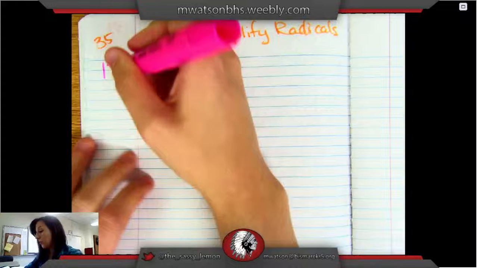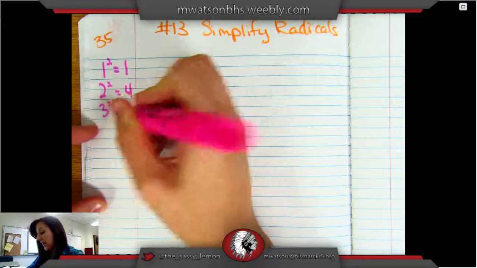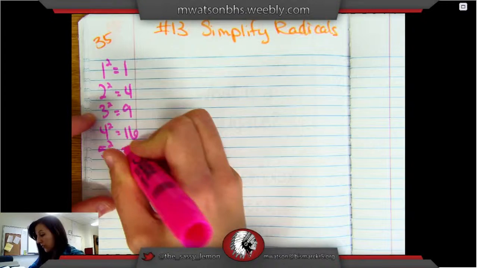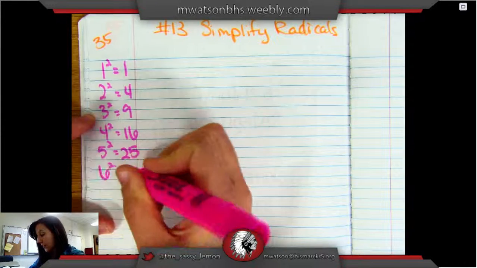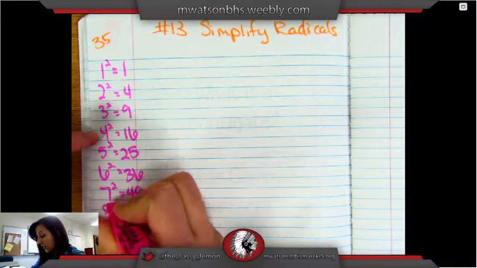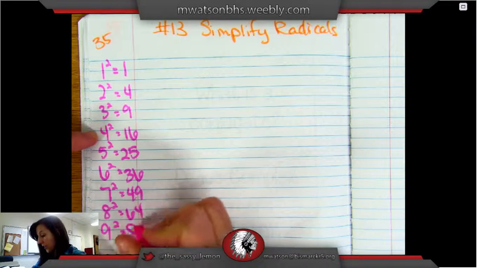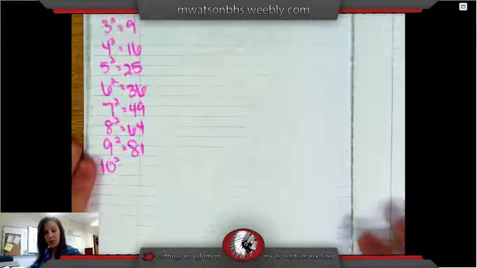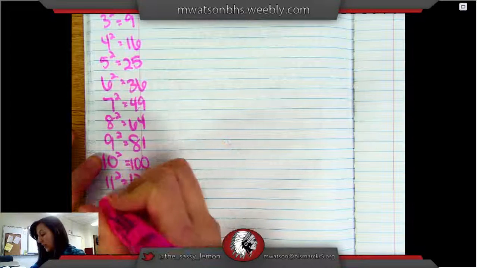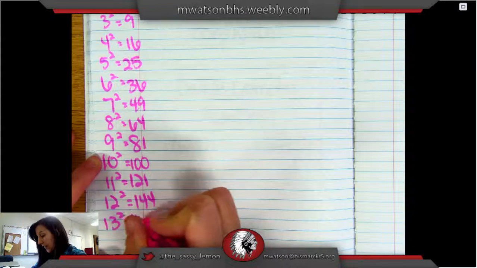So 1 squared equals 1, 2 squared equals 4, 3 squared equals 9, and just keep going. 4 squared equals 16, 5 squared equals 25, 6 squared equals 36, 7 squared equals 49, 8 squared equals 64, 9 squared equals 81, 10 squared equals 100, 11 squared is 121, 12 squared is 144, and 13 squared is 169.